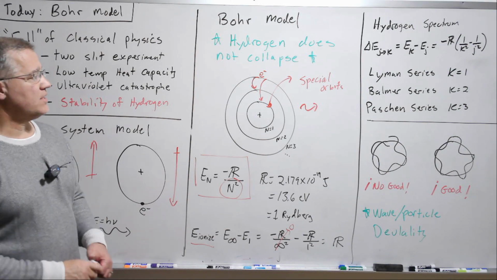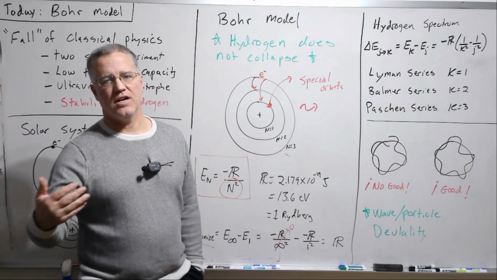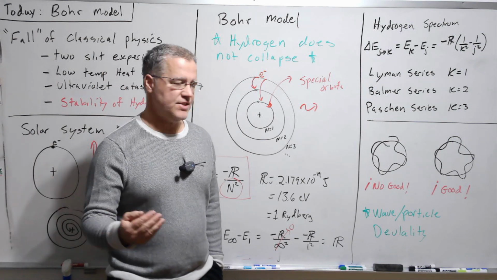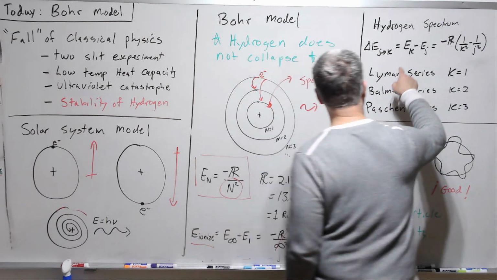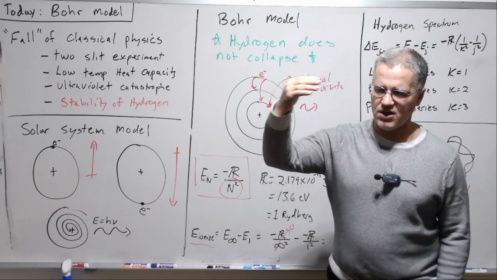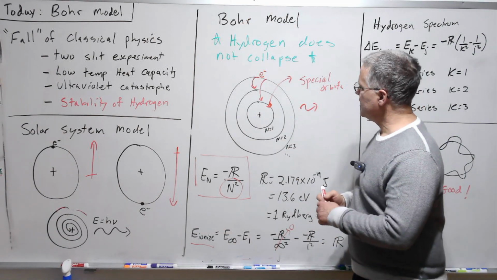For hydrogen, certain transitions are named. They're a series. So if our final destination, and again, this is going to be giving off energy, so we'll be coming from a higher energy state to a lower energy state.